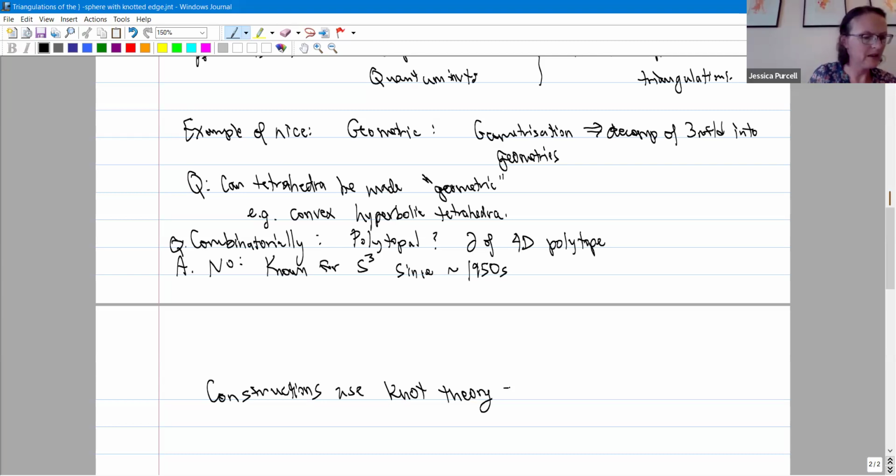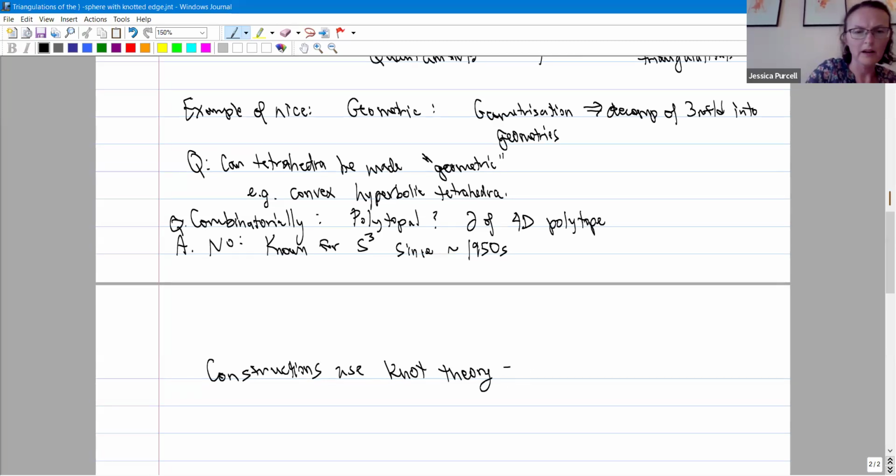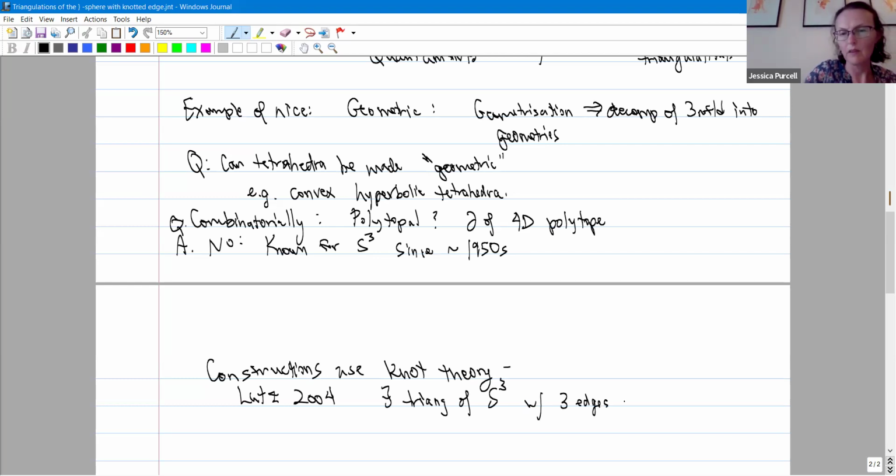And an example of this is work of Lutz from 2004, who proved that there exists a triangulation of the three-sphere with three edges forming the trefoil.